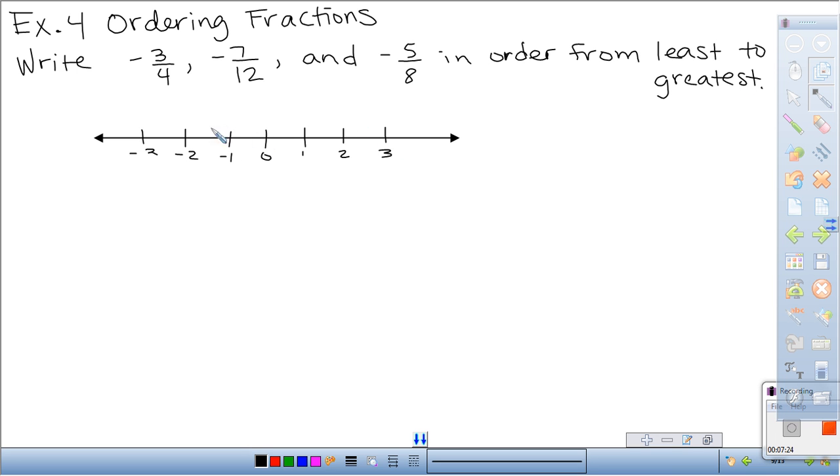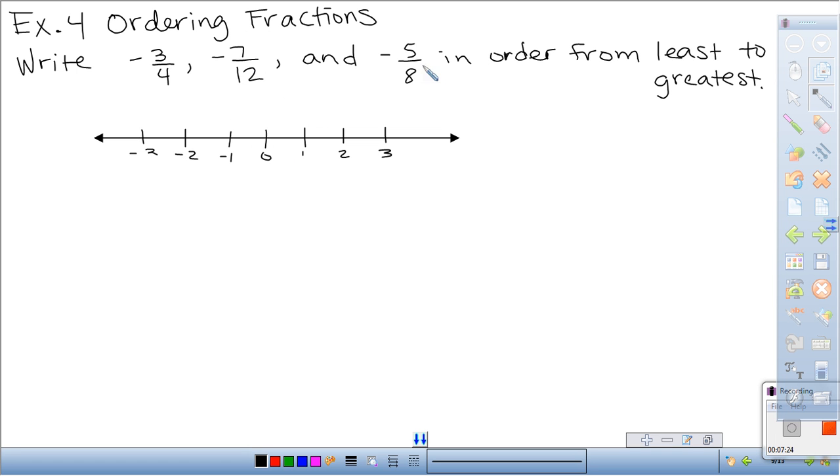And the further away from 0 they are, the smaller they are because they are more negative. They're further away from being positive. So negative numbers are kind of tricky because they're backwards of what we generally think. The bigger the number, the larger it is. Makes sense, right? But the bigger the negative number, the smaller it really is.